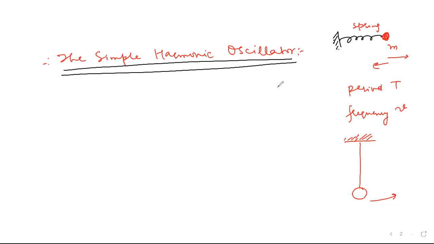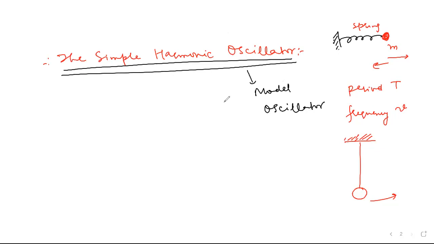So the simple harmonic oscillator is a model oscillator in oscillations. We developed this model because it helps us to understand other oscillations in terms of the model.